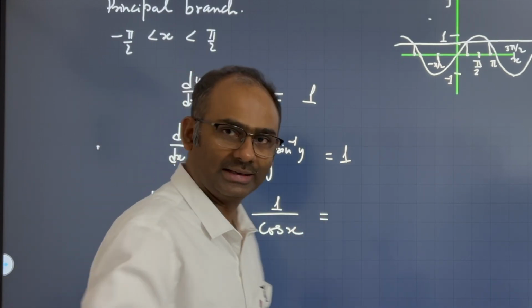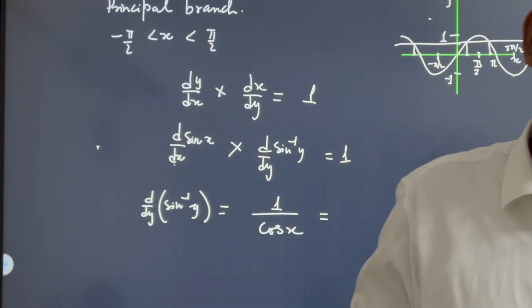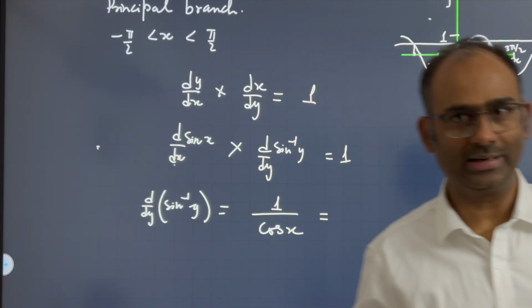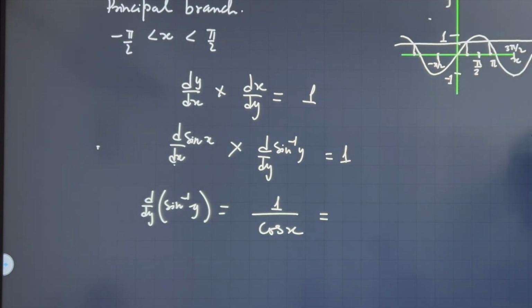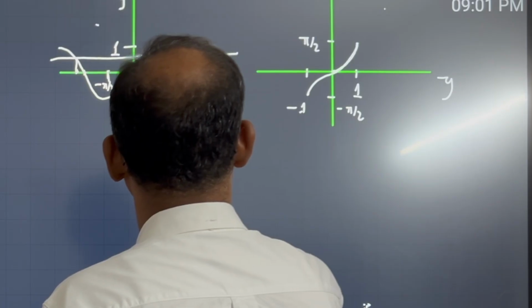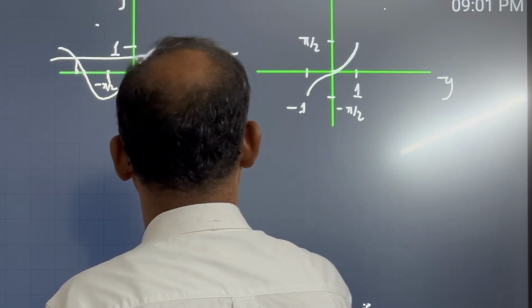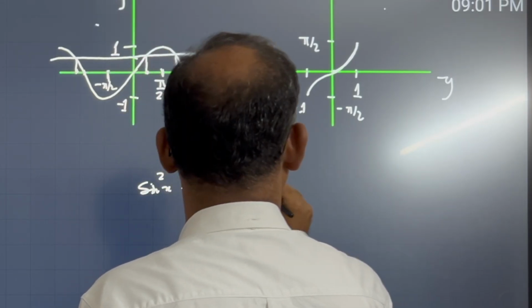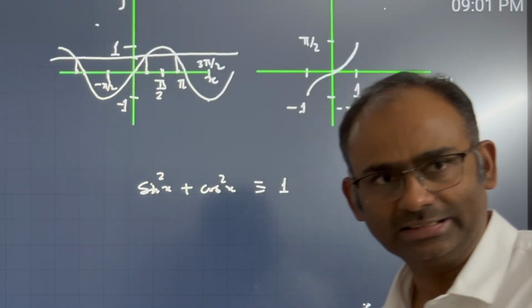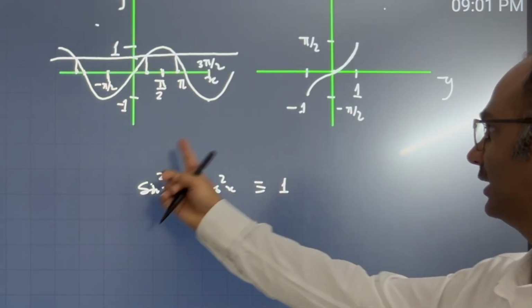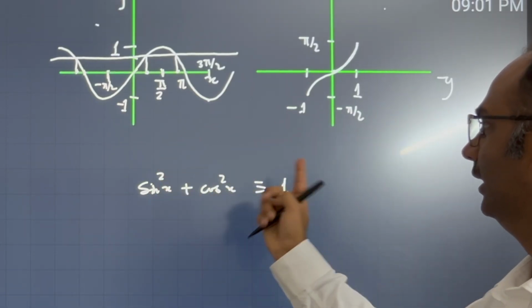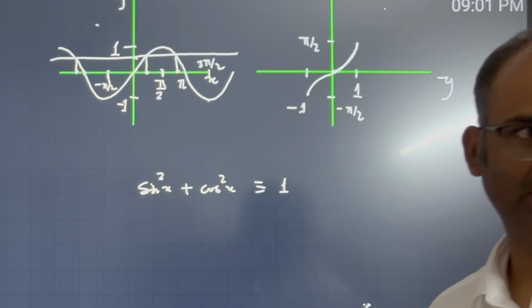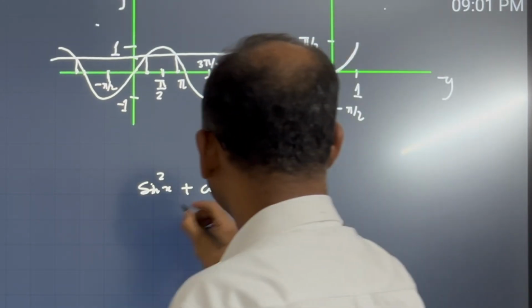Now let's use the identity sine square x plus cos square x is equal to 1. So you have the identity, okay, that's identically 1, meaning this equation is true for all values of x, that's why it's called an identity. So what is cos of x?